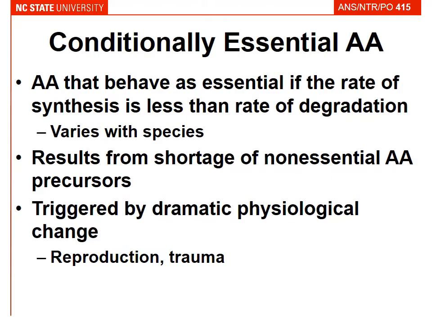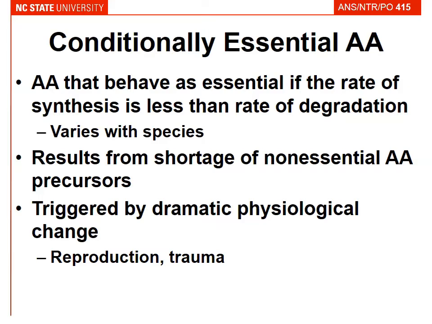So I mentioned earlier we have these conditionally essential amino acids. So these are amino acids that behave as essential if the rate of synthesis is less than the rate of degradation. And what is conditionally essential varies with species. Typically, you can have a conditionally essential amino acid become essential if you have a shortage of a non-essential amino acid precursor, or sometimes they're even essential amino acid precursors.